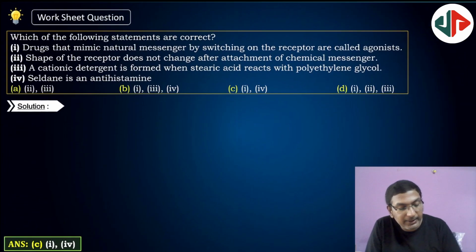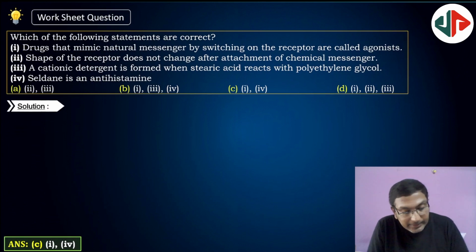So which of the following statements are correct? Drugs that mimic natural messenger by switching on the receptor are called agonists. That is correct. Next, shape of the receptor does not change after attachment of chemical messenger. That is incorrect.